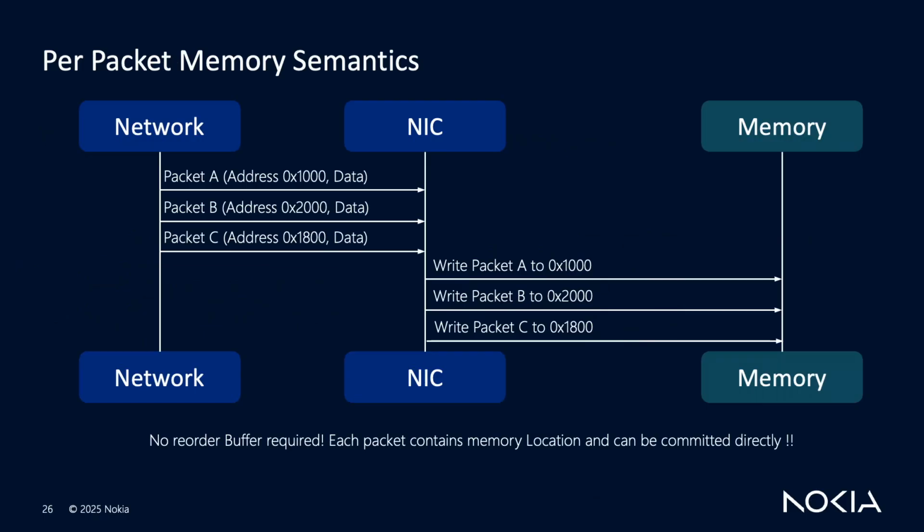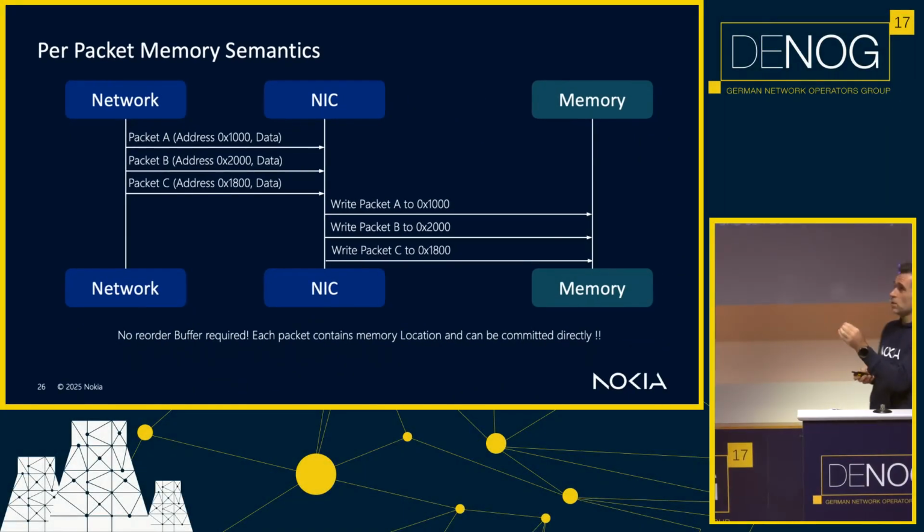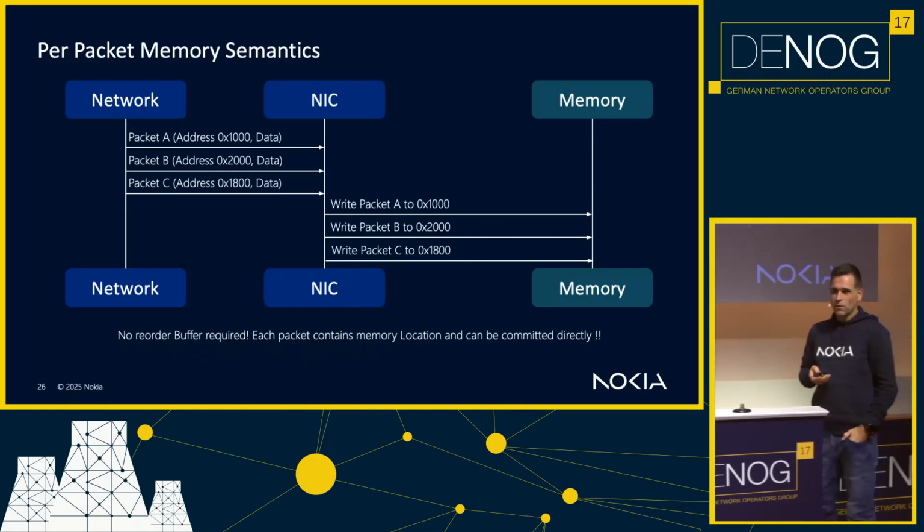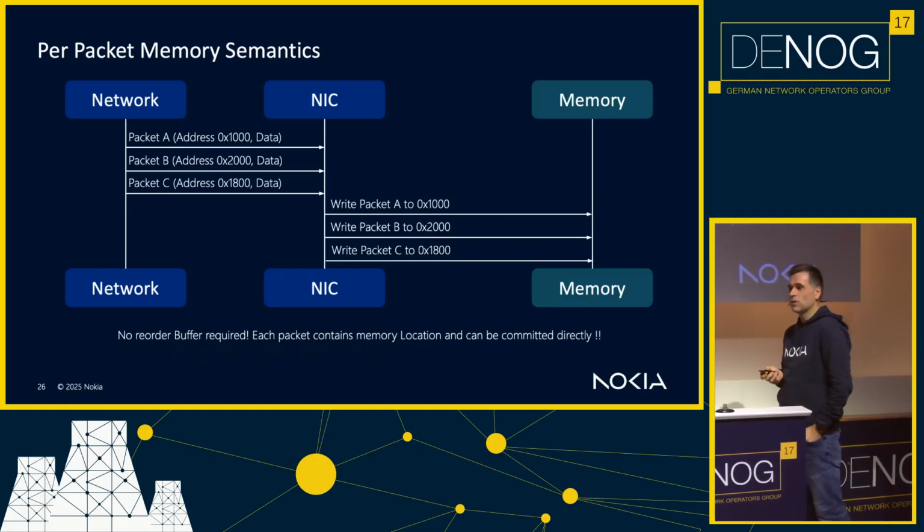One of the technologies which allows me to do that, because obviously people would say, if I don't care about order, how can the receiving side even work with that? But think about the use case again. What we want to do is write from the memory of a GPU to the memory of another GPU. So inside the header, we give it straight the GPU address.